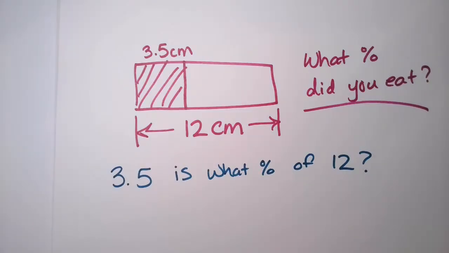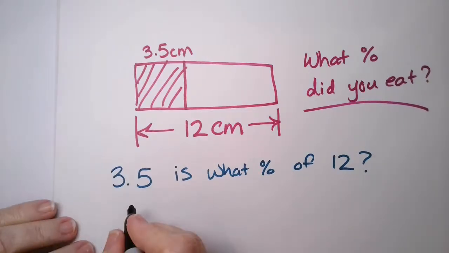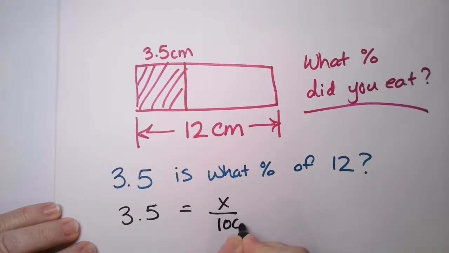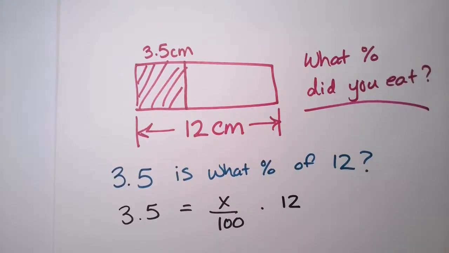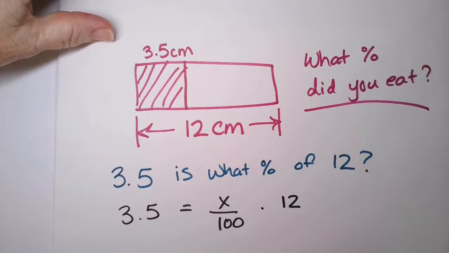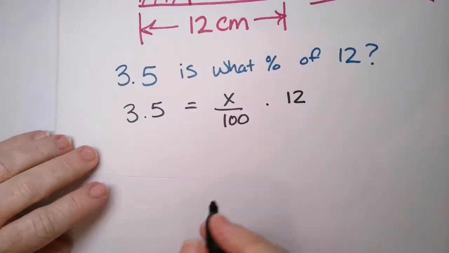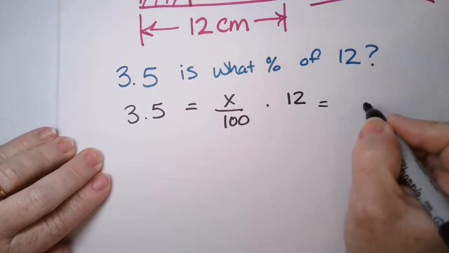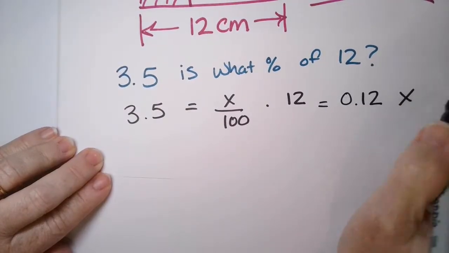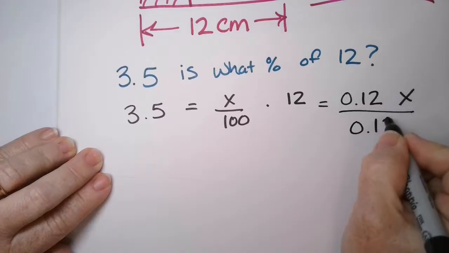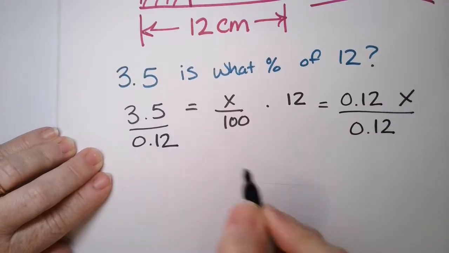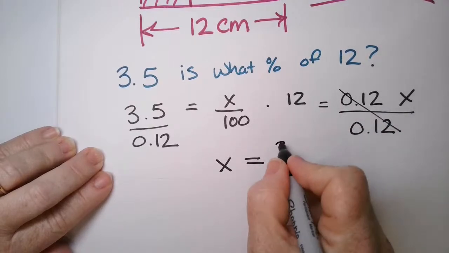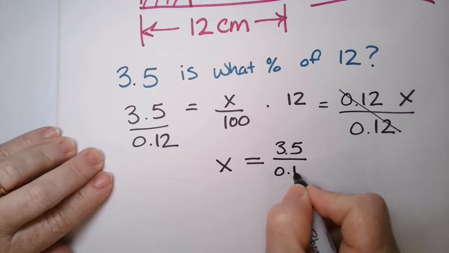Okay. So then when we translate, 3.5 is what percent of 12? Okay, so I'm going to move the 100 over here and divide 12 by 100. I'm going to get 0.12 times x. I'm going to divide both sides by 0.12. So x is 3.5 over 0.12.